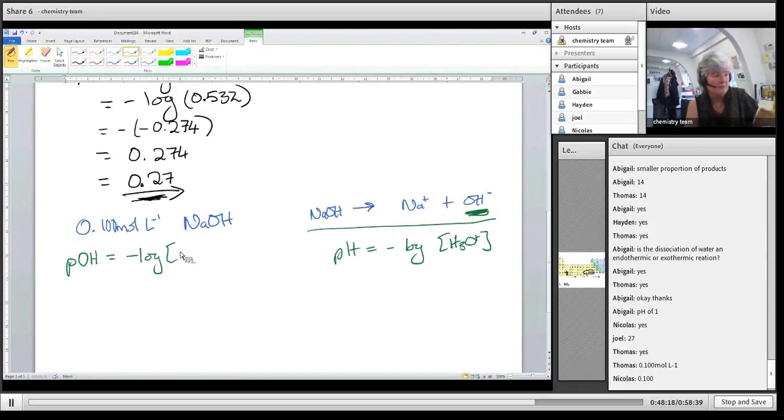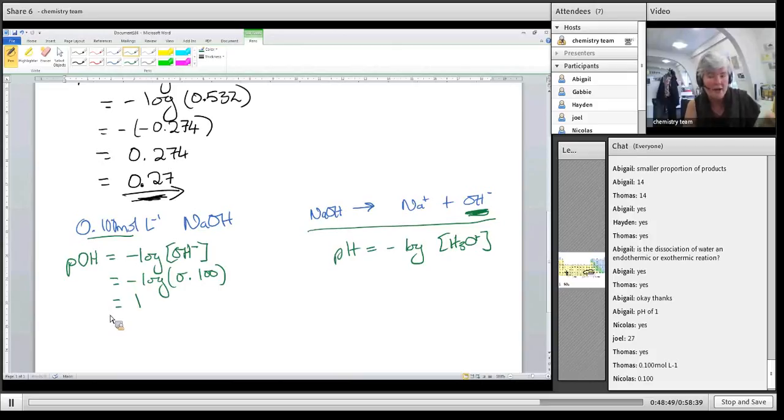Okay, correct, Nicholas, you put the value in. I just wanted you to get the pOH is looking at the negative log of the concentration of the hydroxide ions. Okay, and you quite correctly said that it's going to be 0.100. Okay, and we know from previous times it's going to be a pOH of 1 if you did the calculation. Now, you were asked for the pH, not the pOH.